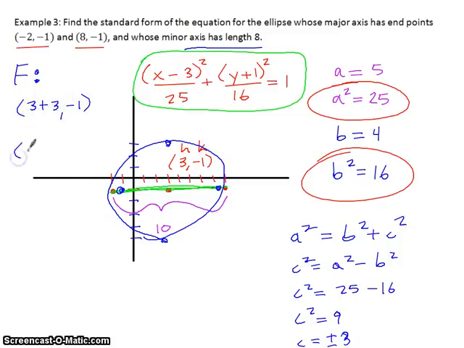The other one is when I take 3 and subtract 3. So we have one point at 6, -1, and then we have another point at 0, -1. Let's look at those in a sec here.